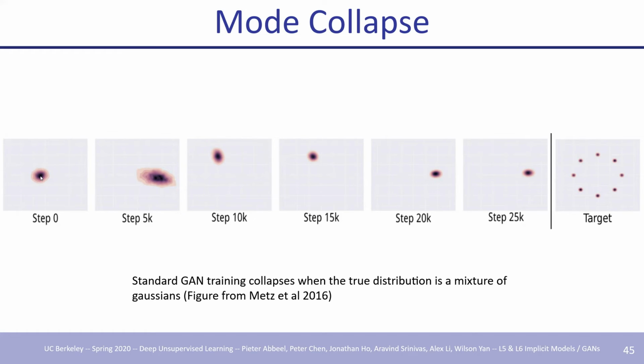So no matter what you ask it to generate, it will just keep generating from this single point. And so what then happens is the discriminator learns that the fakes are all coming from this point.